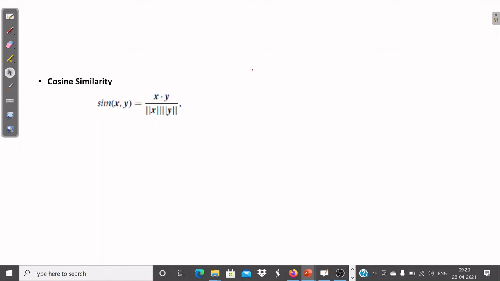We are talking about similarity measures between two different objects, say xi and xj, or x1 and x2. We said each of these can be represented using a feature vector: x11, x12, etc. up to x1p, that was the notation we used.